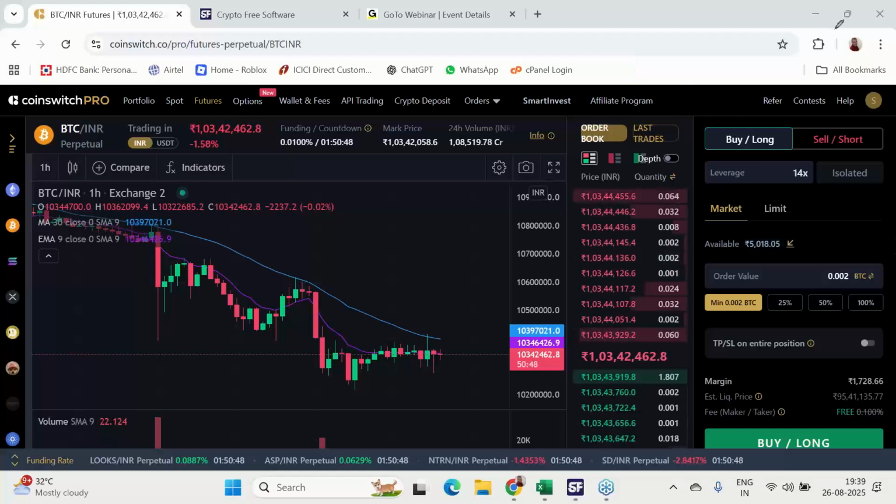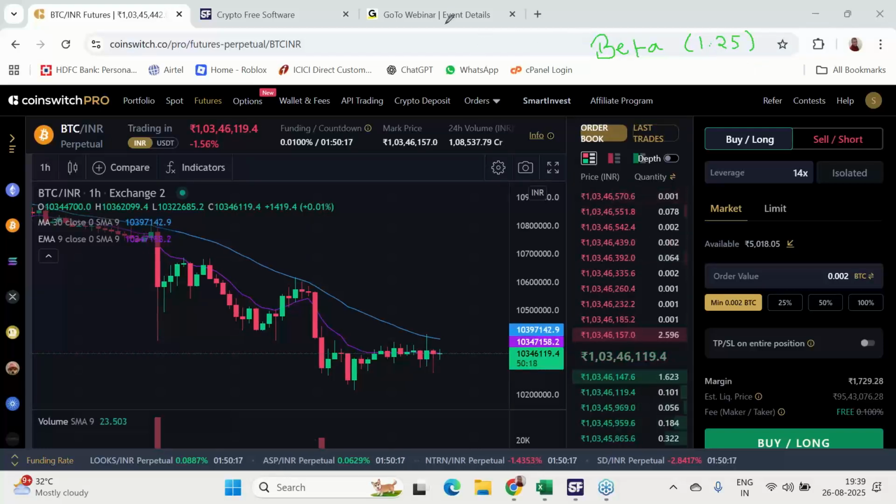When it comes to the reduction part, we are talking about beta. Many of you who invest in mutual funds and other things hear about beta. Many times your financial advisor comes and tells you that the beta of this portfolio is 1.25. They calculate it mathematically.